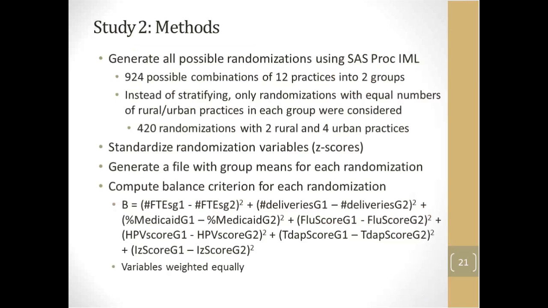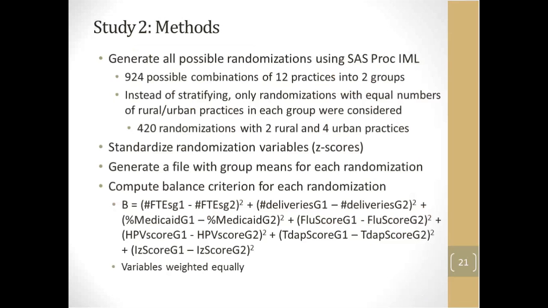And we only considered randomizations that balance the urban and rural practices in the group. So that got us down to 420 randomizations with exactly 2 rural and 4 urban. And that worked just fine doing it that way, to actually include the stratification variable in with the randomization procedure.